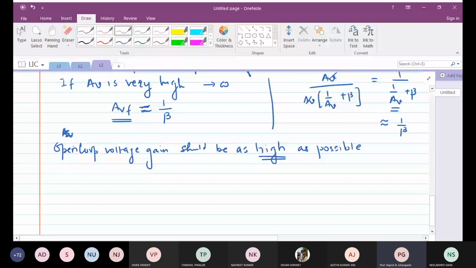So have you understood this concept? Guys, if I ever want to make a generic building block or voltage amplifier, what should be my first criteria?